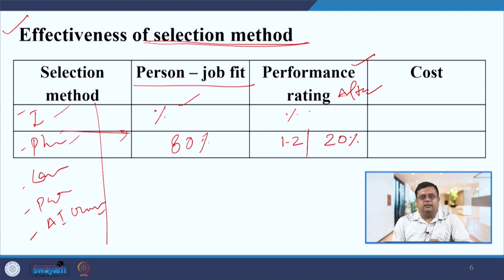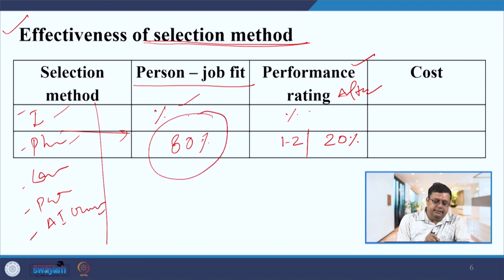It indicates that the selection test you used to assess the person job fit was not useful, because if the person job fit is high, then the person should be able to perform at the workplace. But the performance rating and percentage of goal achievement both indicate that this person job fit was not good.